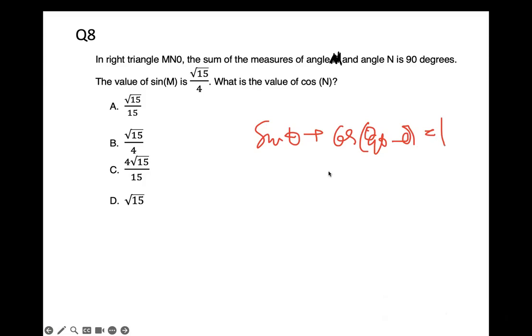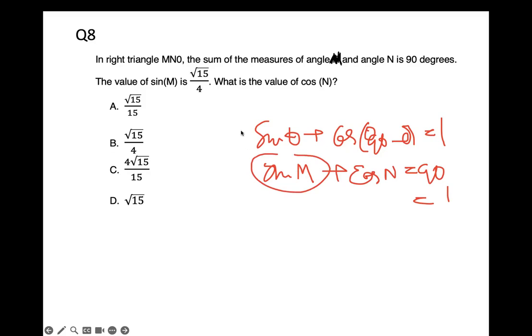In the process, I know sine of N, which is complementary to the cos of M, is going to be 90, which is equivalent to the 1, right? That's the thing. And they're going to be the same. Sine of M and cos of N, or whatever they give you, is going to be the same value.